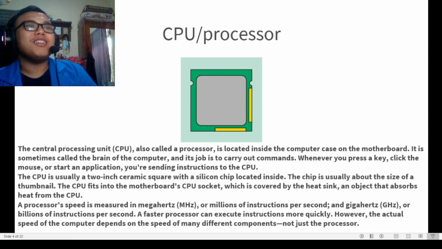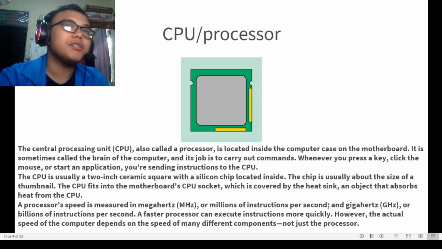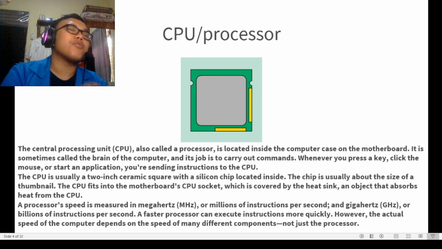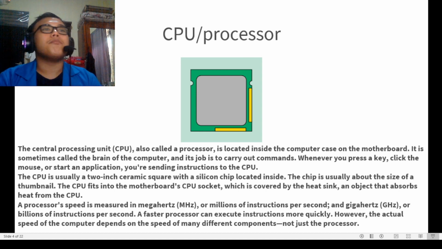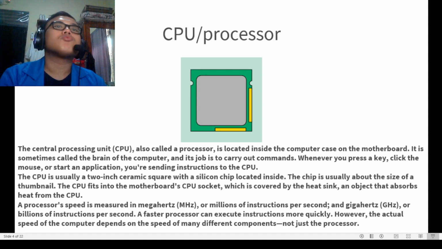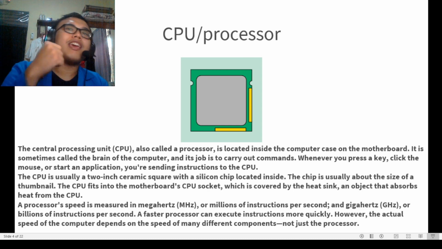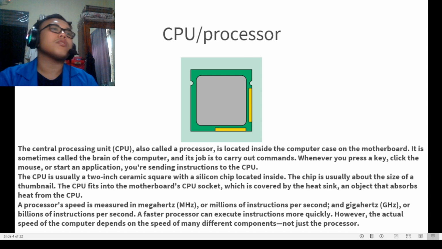The CPU fits into the motherboard's CPU socket, which is covered by a heatsink, an object that absorbs heat from the CPU. A processor's speed is measured in megahertz, MHz, or millions of instructions per second, and gigahertz, GHz, or a billion instructions per second.